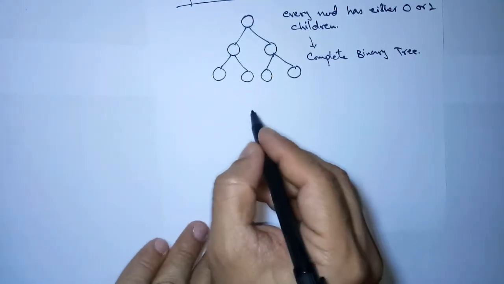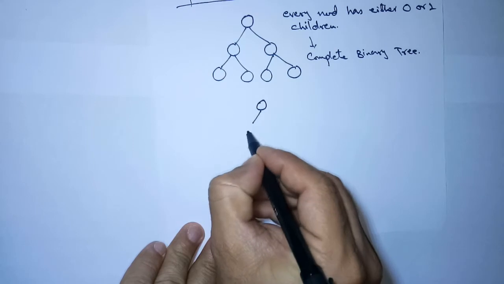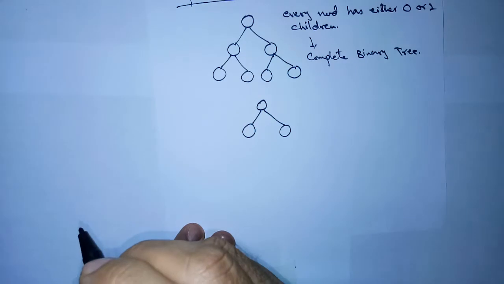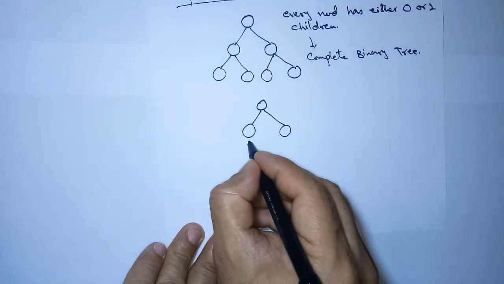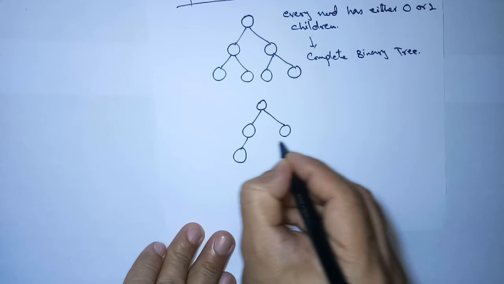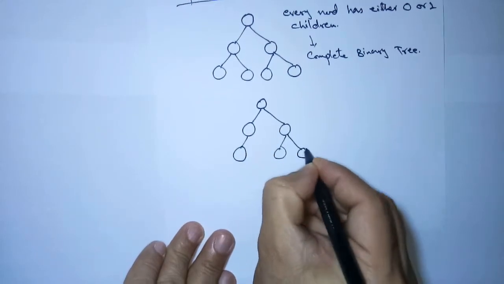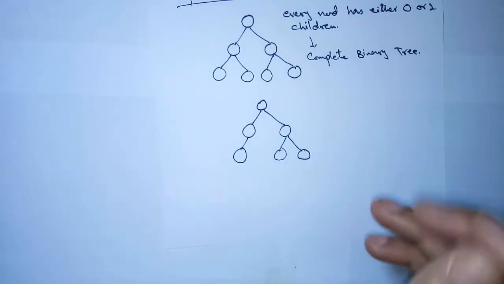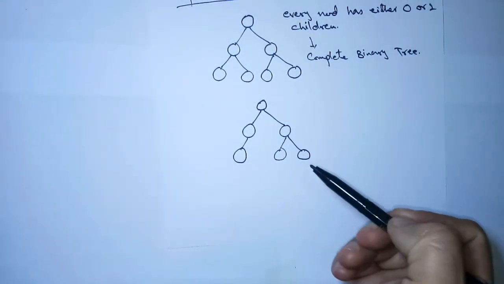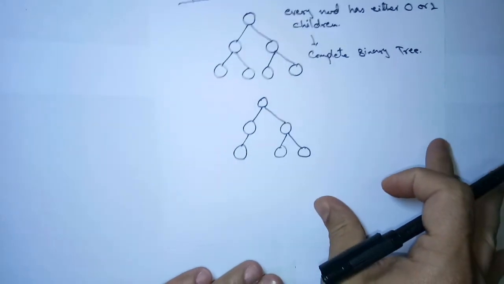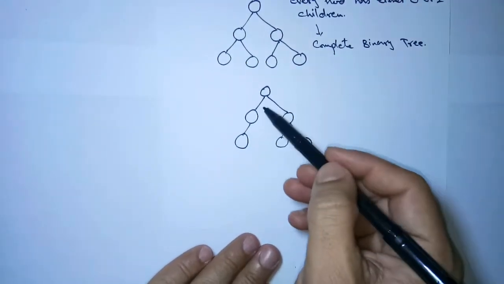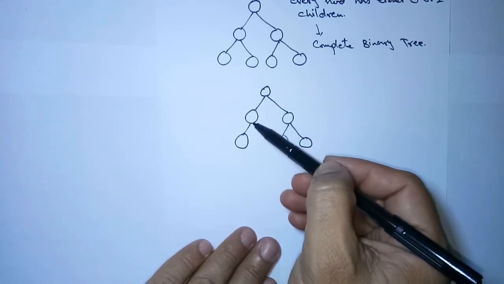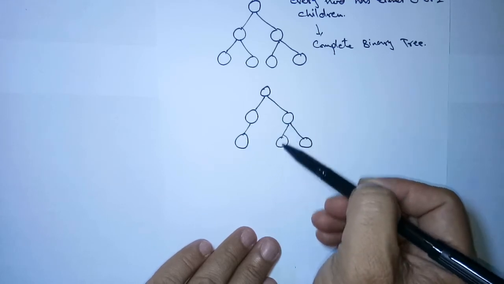So if the tree is like this, for example, this node has one child, this node has two children. The root node has two children, but then the left node has only one child, and the right node also has two children.